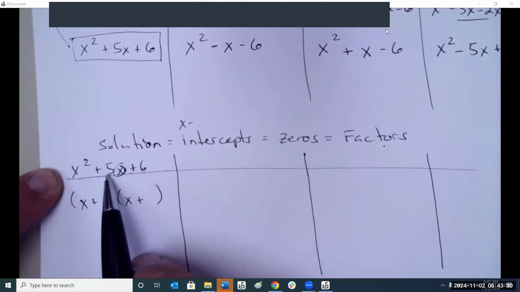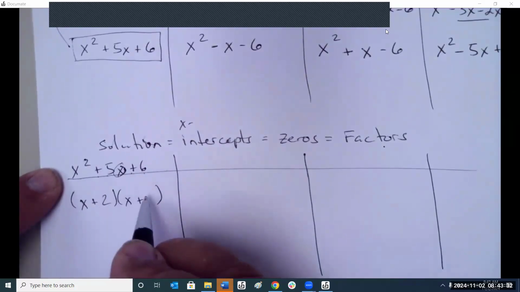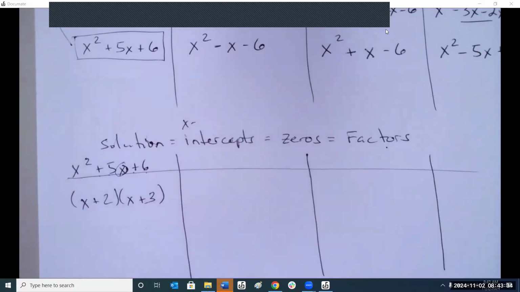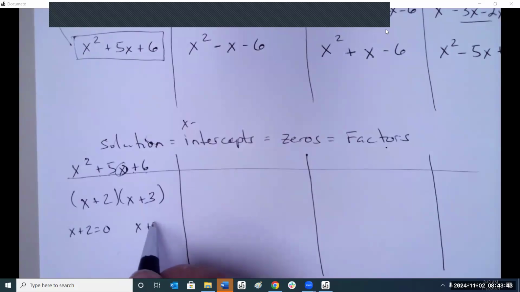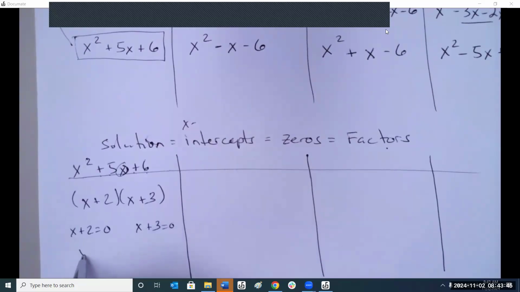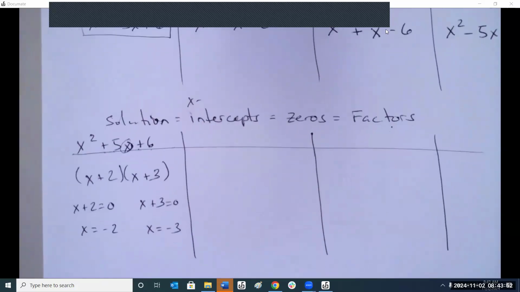When you add them, you get 5? 2 and 3. So that's the factored form. Once you get that far, set them equal to 0, and you can find the x-intercepts. Those are the zeros.